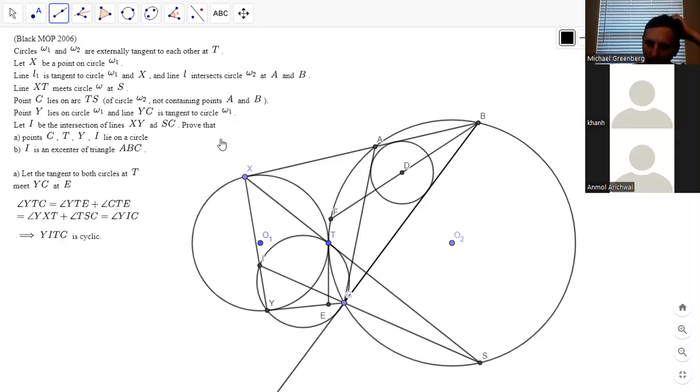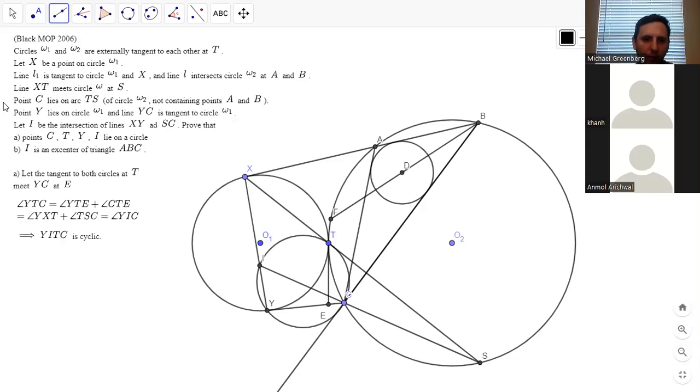Angle TXB is equal to angle TBS, and they are both equal to angle XYT.